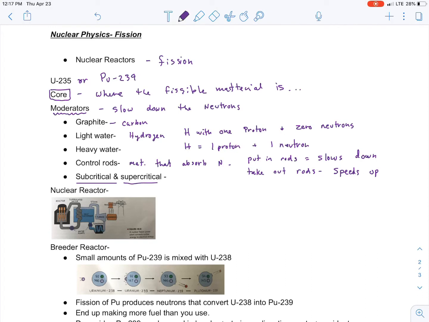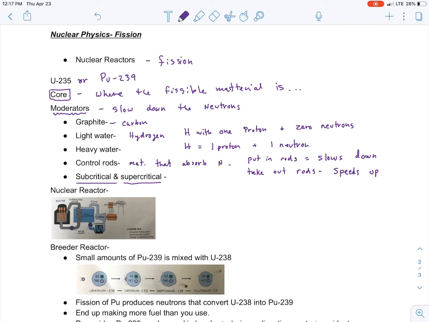Okay, and so that keeps the reaction between subcritical and supercritical, right? Subcritical means it stops. Supercritical means that it could be explosive, right? Both are bad. You don't want to be subcritical in this case where you have so many fissile materials so close together, because remember, they will produce their own neutrons, right? And if it does start a reaction, because you went too low, you won't be able to control it.